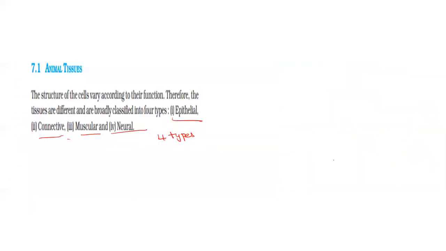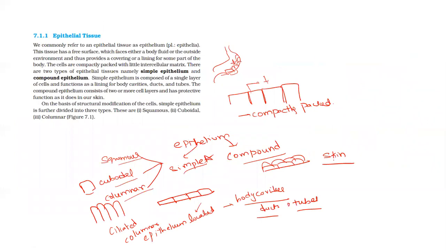Now, animal tissues are mainly of four types: epithelial tissue, connective tissue, muscular tissue, and neural tissue. Now coming to the epithelial tissue, one side of the surface is towards the organ and the other side is towards the outer environment. They have very little intercellular matrix because they are very compactly packed.